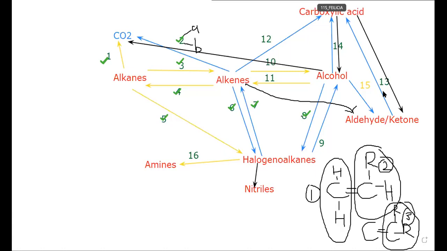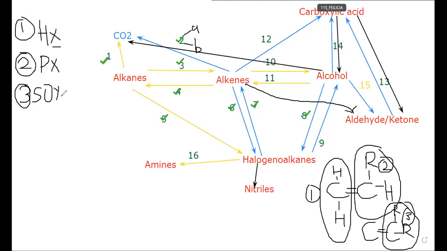Teacher, can you repeat the reagent one more time? There are three possible reagents. The first one is hydrogen halide, so X is halide. The second reagent is phosphorus halide, and the third is SO halide.